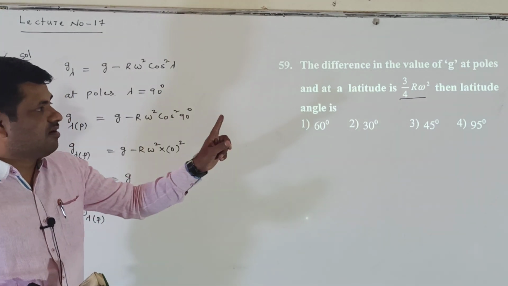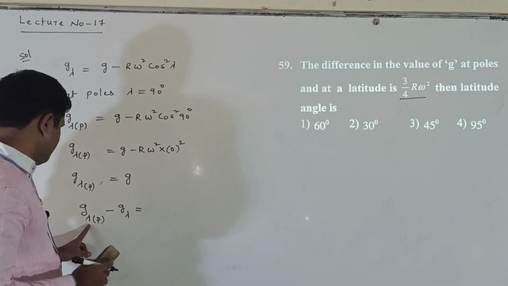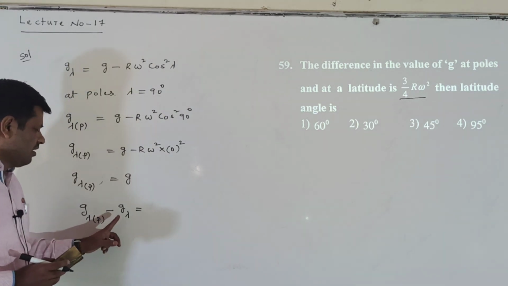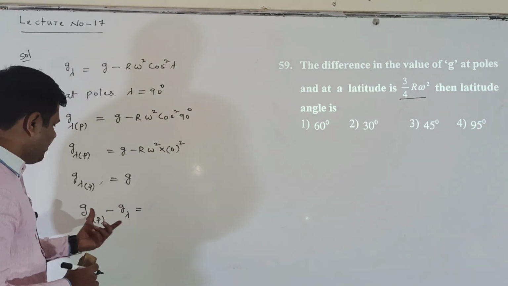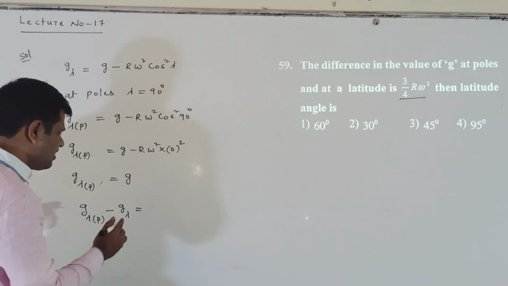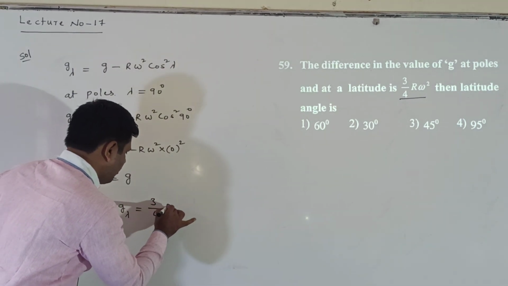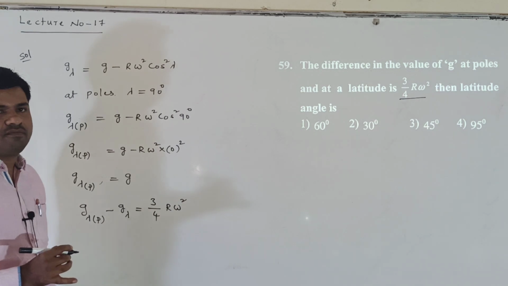The difference between these two is given as 3/4 R omega square.